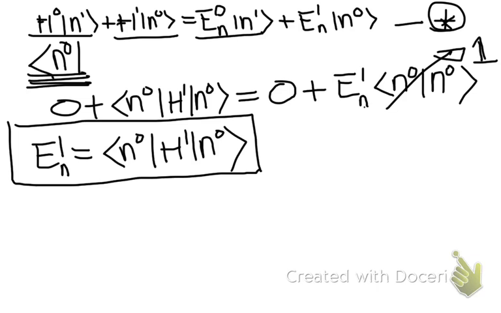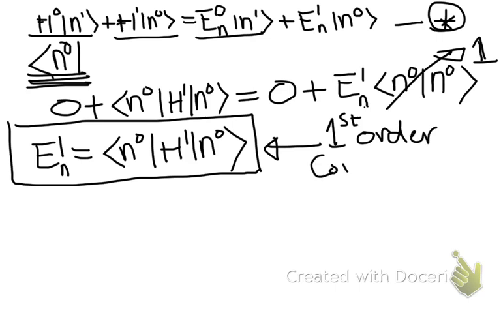So what is this? This is basically the expectation value of my perturbed Hamiltonian in my unperturbed states, the states of the simpler system. So this is how I can compute my first order correction to my energy eigenvalue, to En.